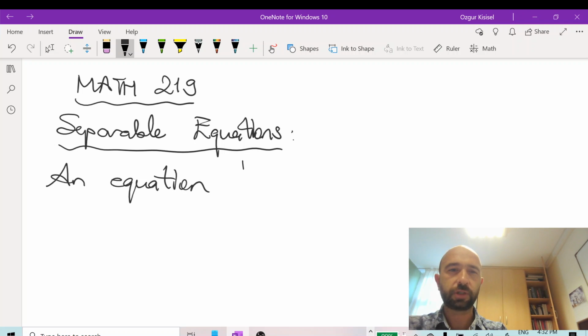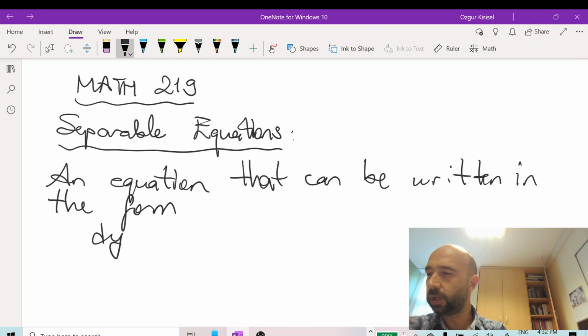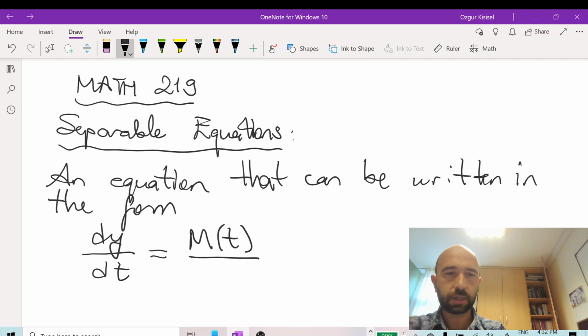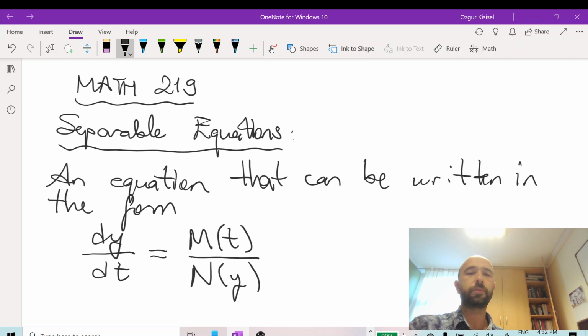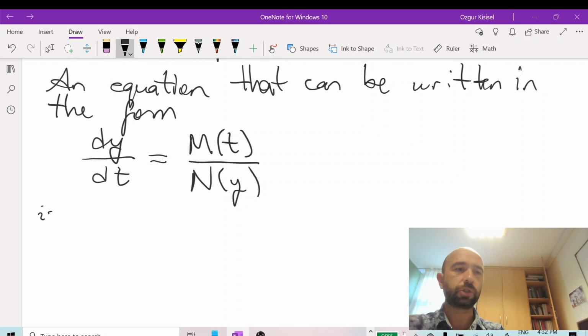An equation that can be written in the form dy/dt equals a function of t divided by a function of y is called a separable equation.